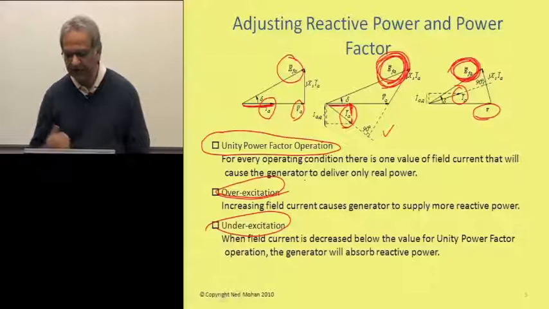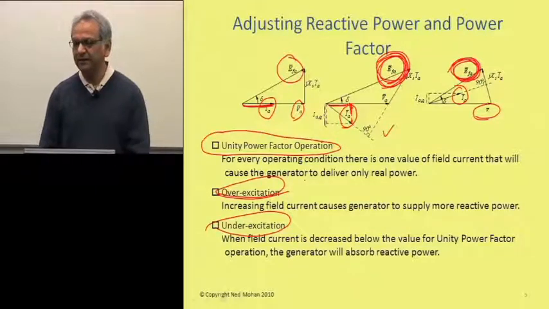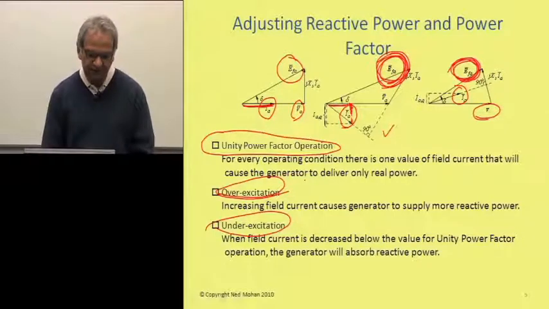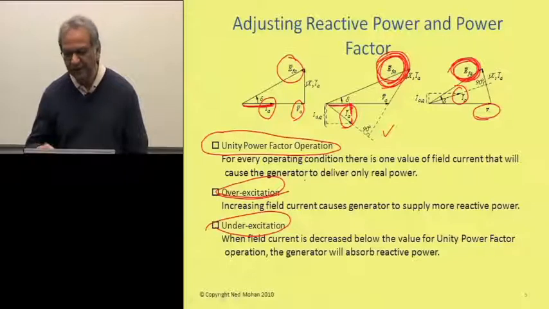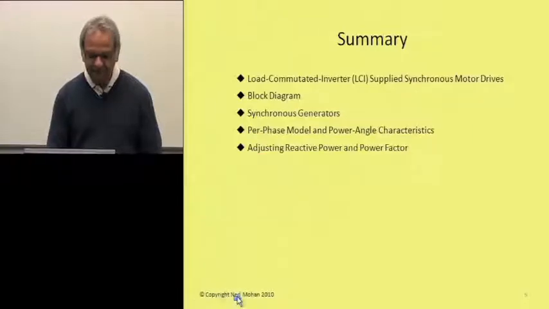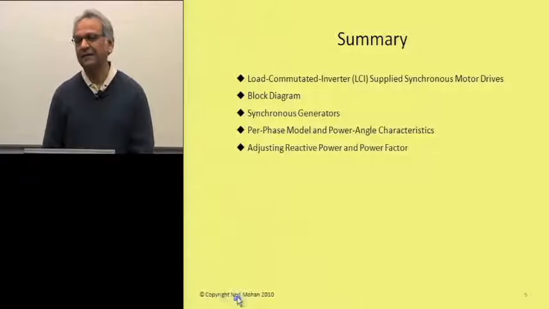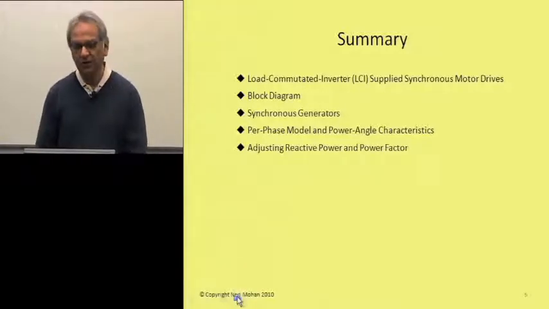So this is a very helpful feature of synchronous generators, actually really the backbone of supplying reactive power in power systems. That is, by controlling the field current in these generators, we can control the reactive power that these generators either draw or supply.